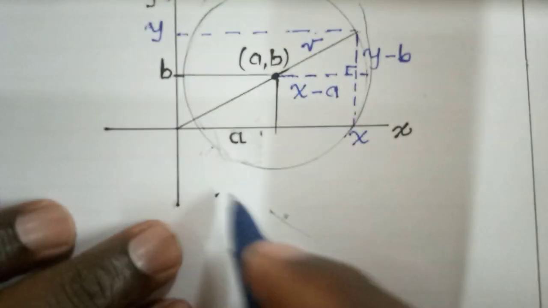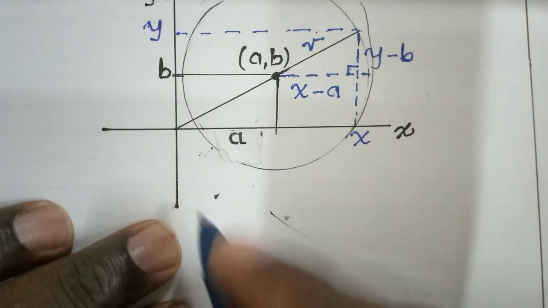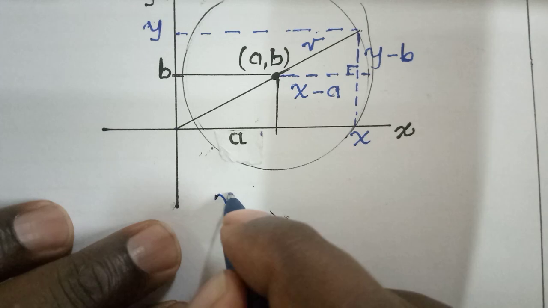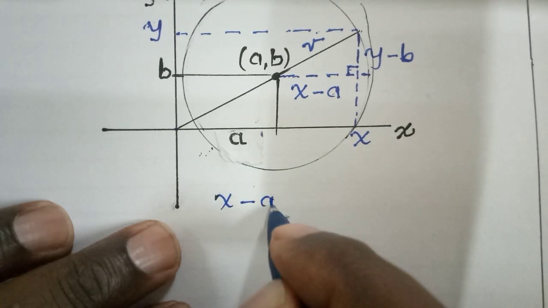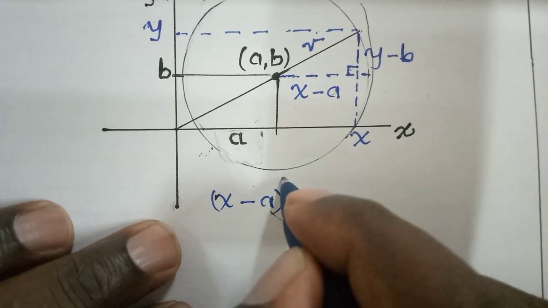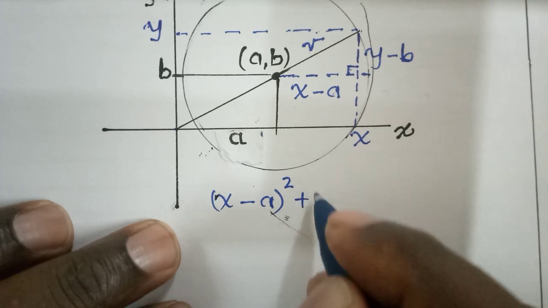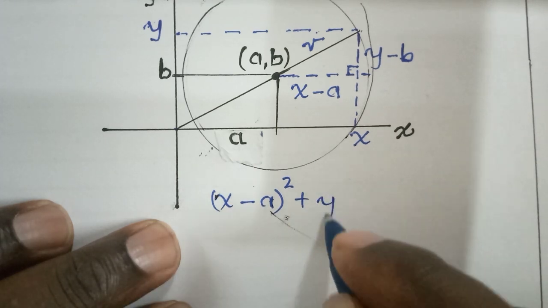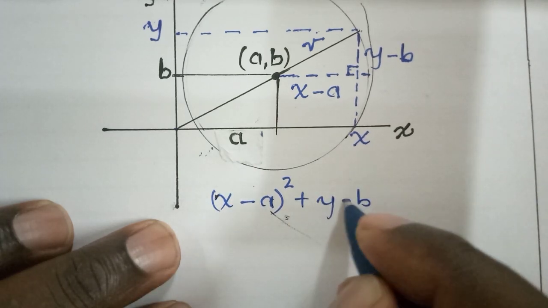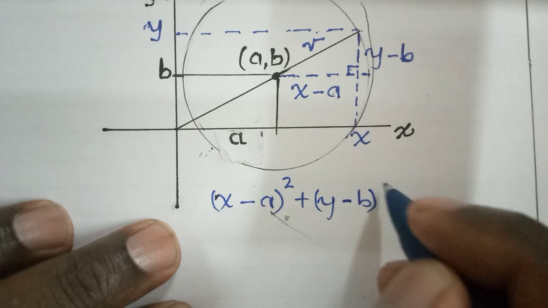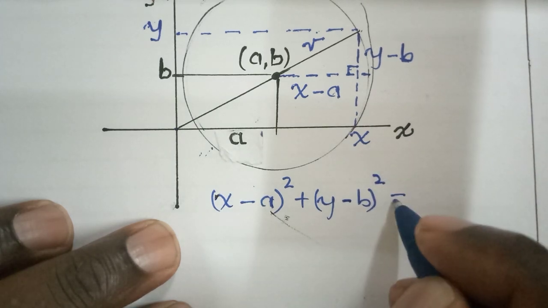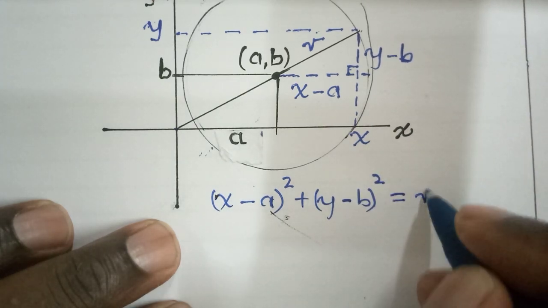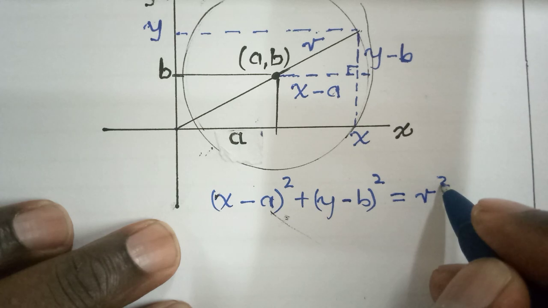Using the Pythagoras theorem, we shall have x minus a squared plus y minus b squared, and this will give us r squared.